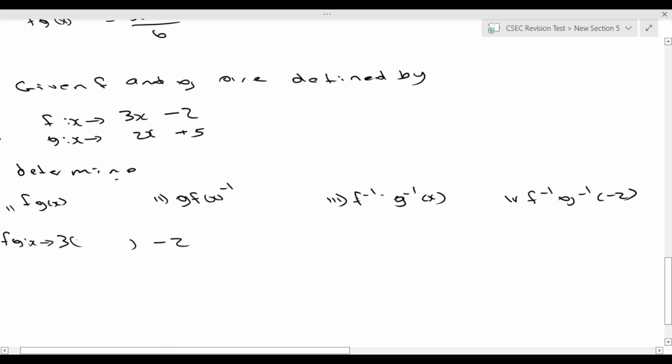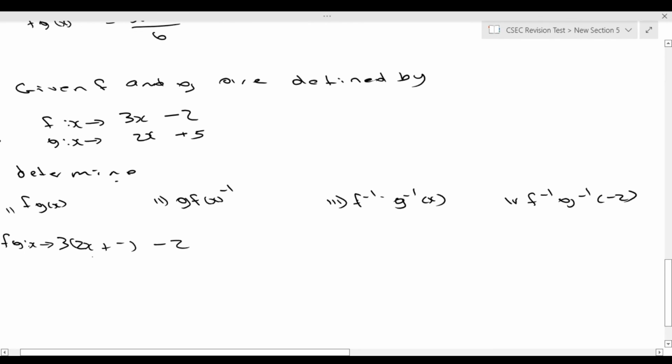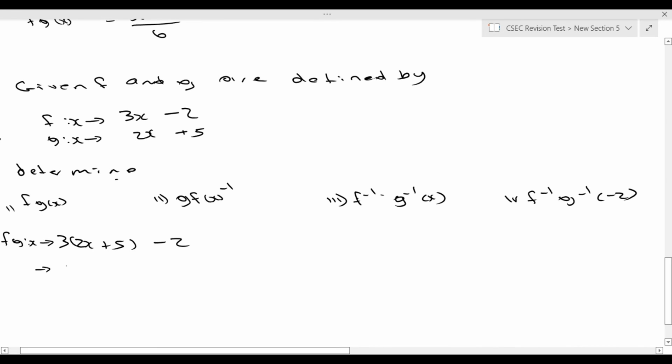We're going to substitute our g function, 2x plus 5, so 3 times 2x is 6x, plus 3 times 5 is 15, minus 2. So it's 6x plus 13. That would be our f of g.